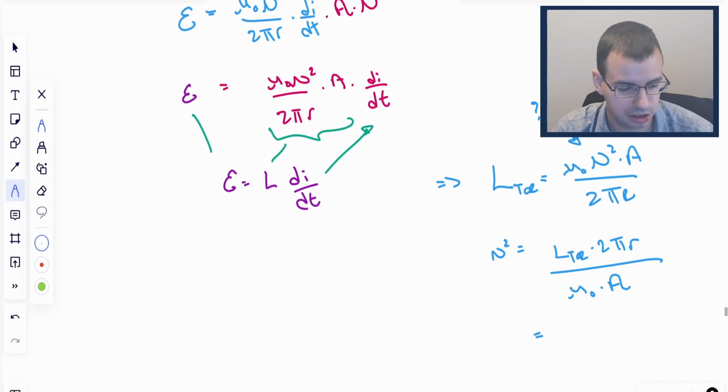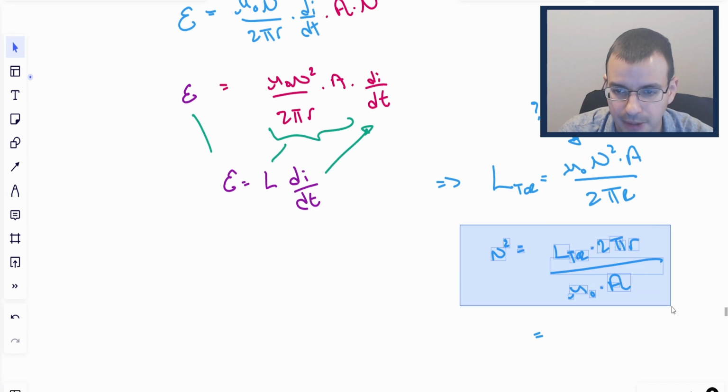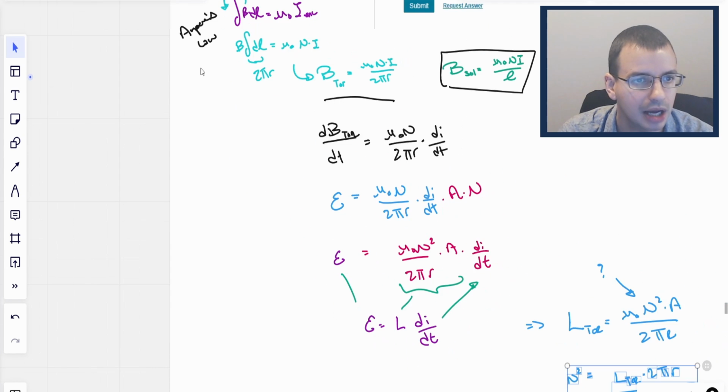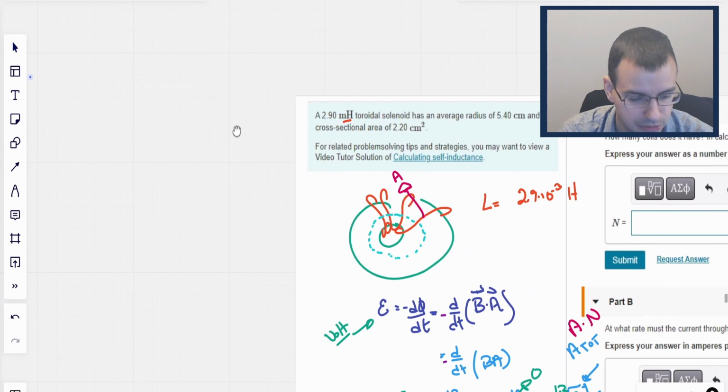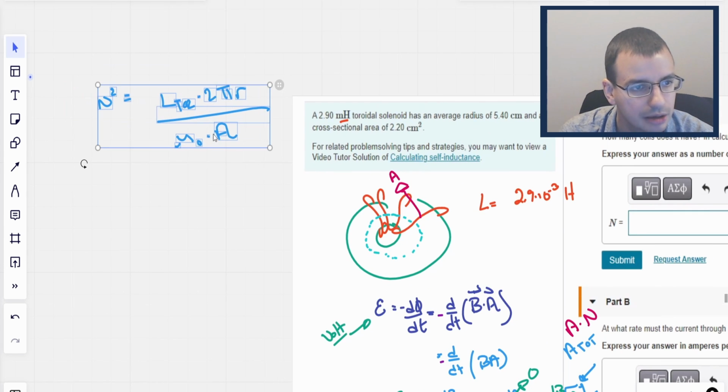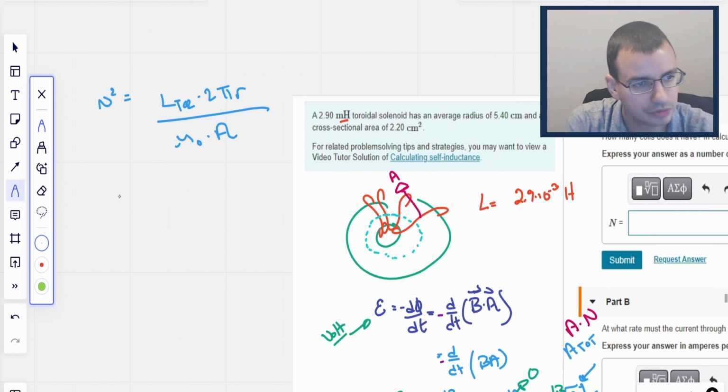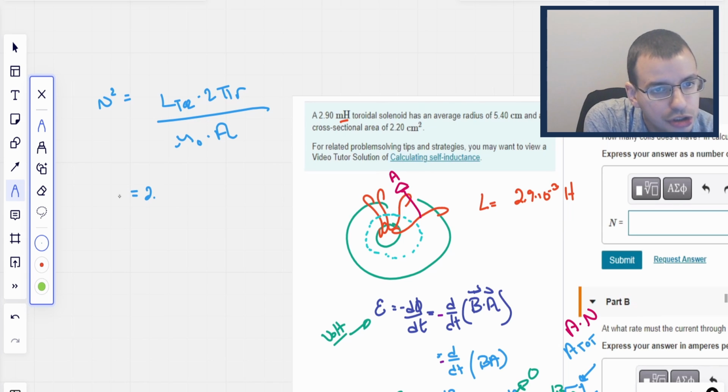So I'm going to copy and paste this up near the problem statement. That way I have all my numbers available. So this becomes 2.9 times 10 to the negative third times 2 times pi times r, which is 5.4 times 10 to the negative second.